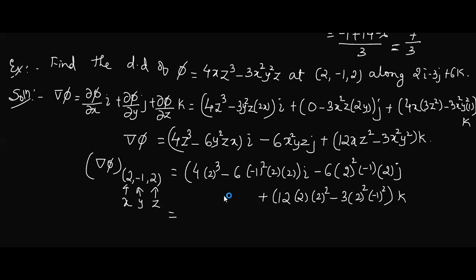Altogether, so -1 square. So 6 fours are? 32 minus 24 is how much? Is it 8? 8i. Next, 2 square. So this is the minus, means it will make it as plus. 2 square into 2, 8.